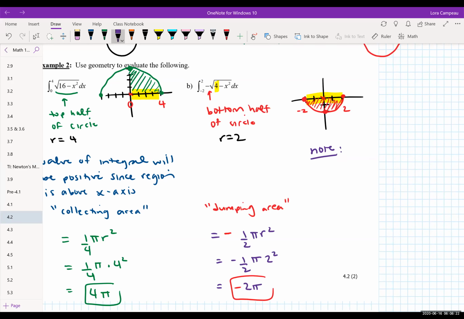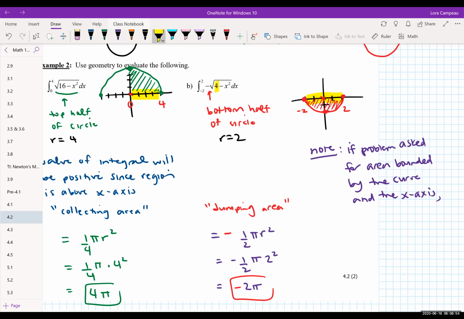But if the problem asked for the area bounded by the curve and the x-axis, the answer would be positive because check it out, they're talking about area.